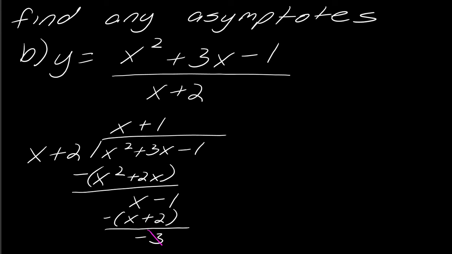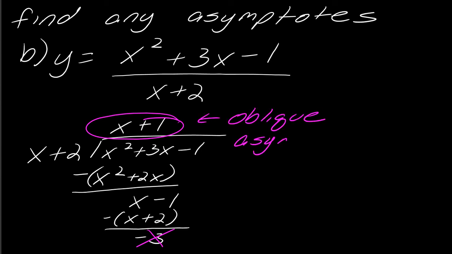Now when you find an oblique asymptote, you don't care about the remainder, you just care about this first part here. So this is actually where our oblique asymptote would be. You have to do a little bit more work if you actually have to find the oblique asymptote. That technically does not have one of those calculus definitions, yet we still have an asymptote that we have to know to look for.